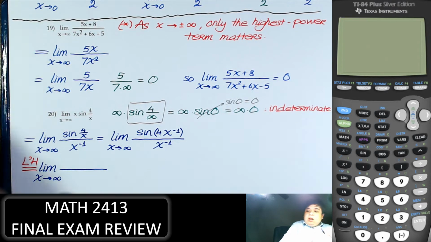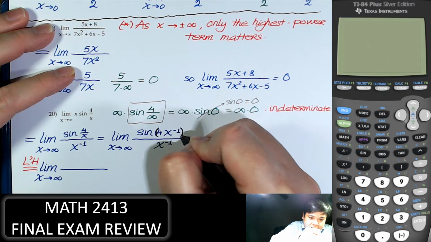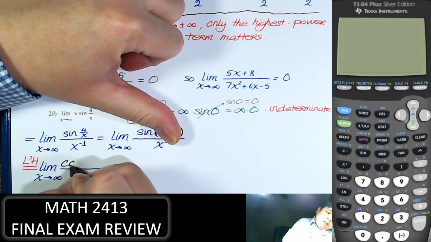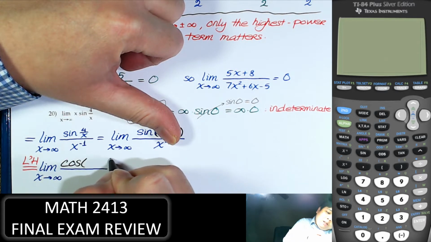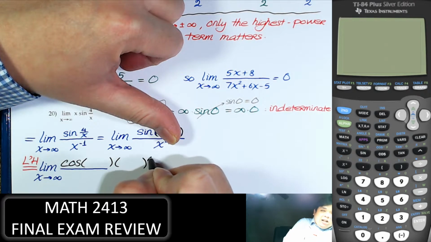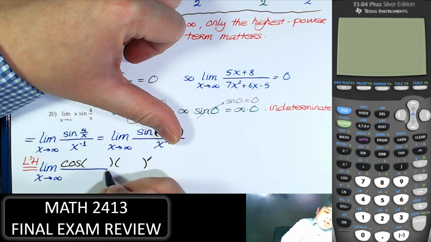Right. We use the chain rule here. Sine of something is cosine, and then the derivative of that. Doesn't matter what is inside the parentheses.